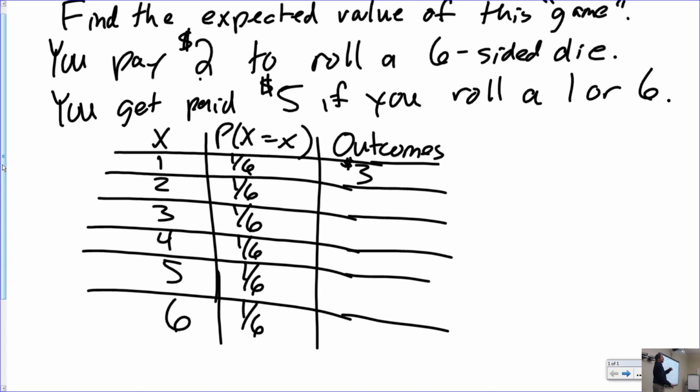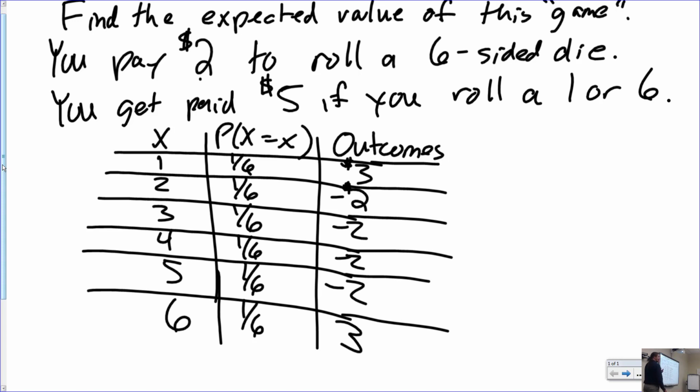What's the outcome if you roll a 2? Lose $2, so make sure it's a negative $2, right? And then 3, 4, and 5, same thing. And 6, same as 1. You win $3.